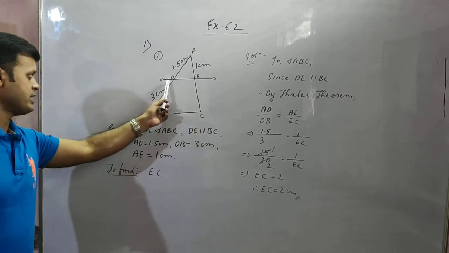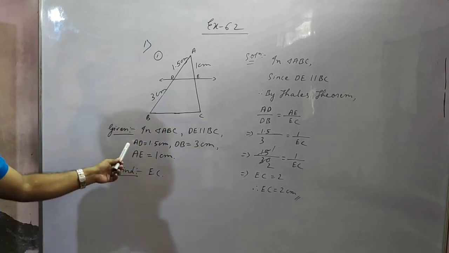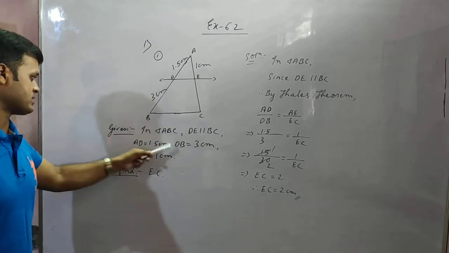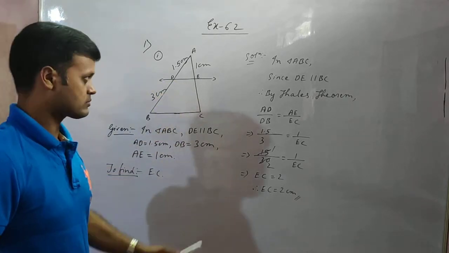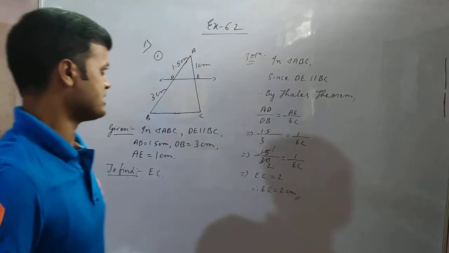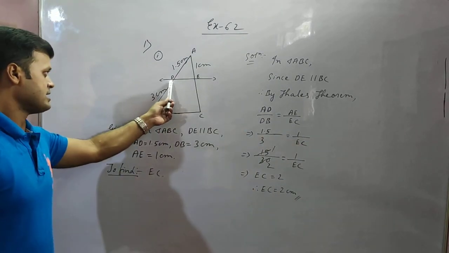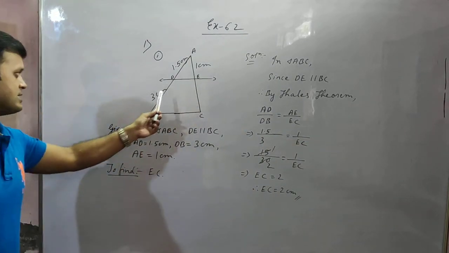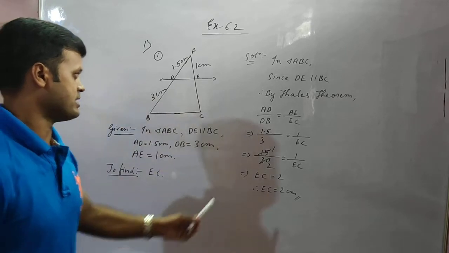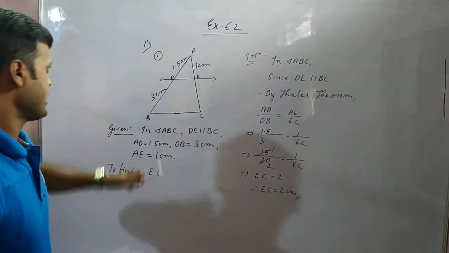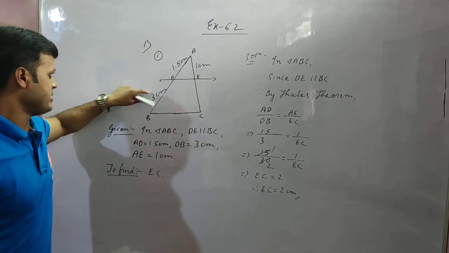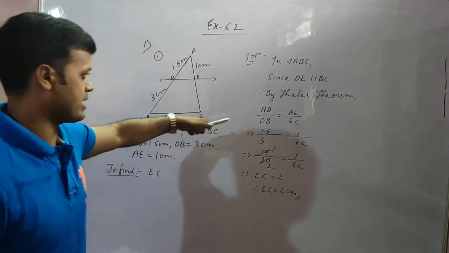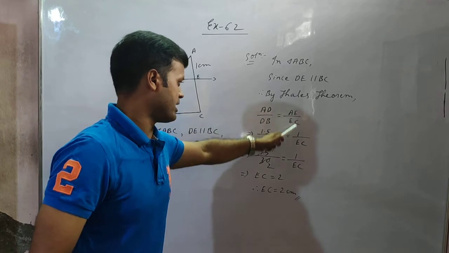AD is given 1.5, DB is given 3, AE is given 1 centimeter. You have to find out EC. So since DE is parallel to BC, therefore by Thales theorem, AD by DB is equal to AE by EC.